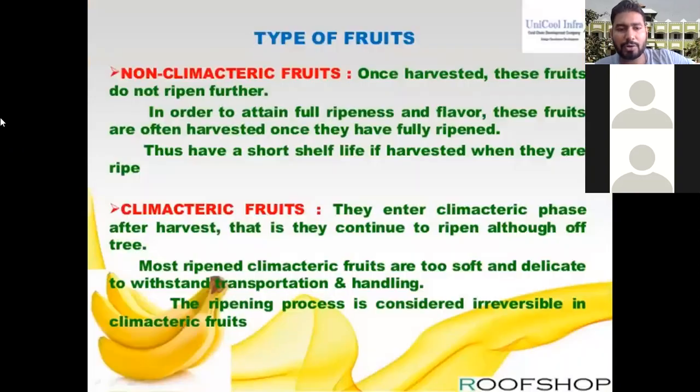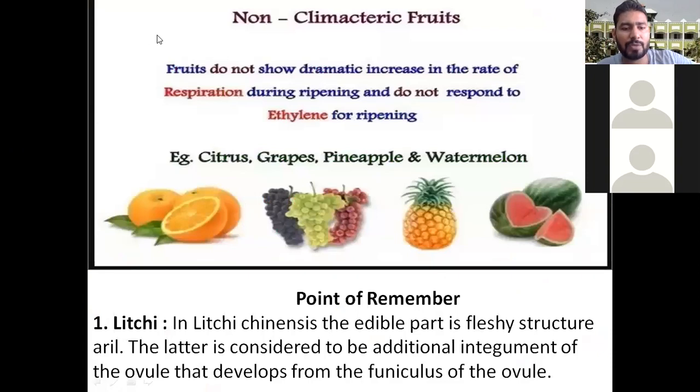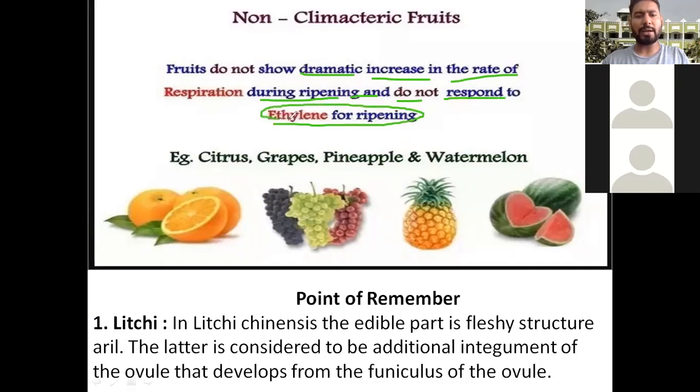Again, the same thing, now about non-climacteric fruits. Now you can see what they have given. Non-climacteric fruits do not show a climacteric increase, meaning their respiration rate is not going to increase during ripening, and they do not respond to ethylene for ripening.